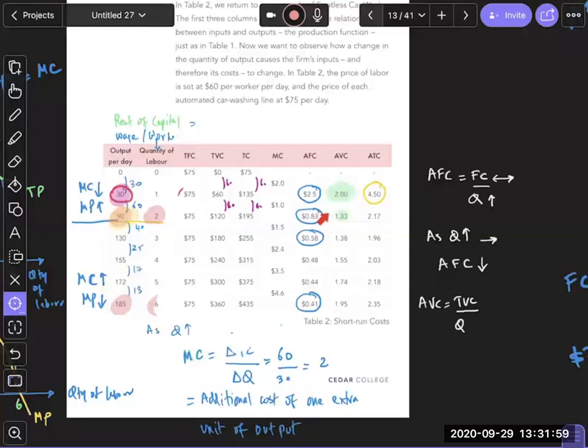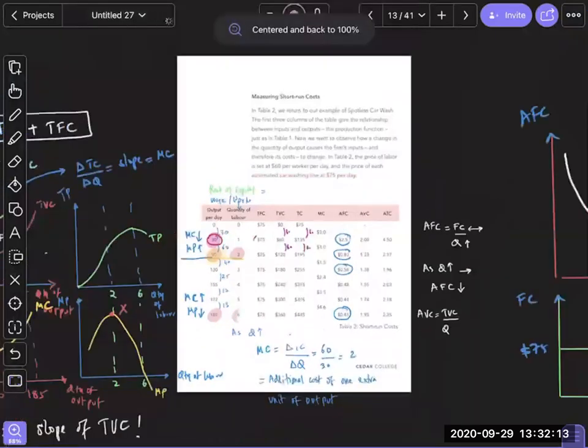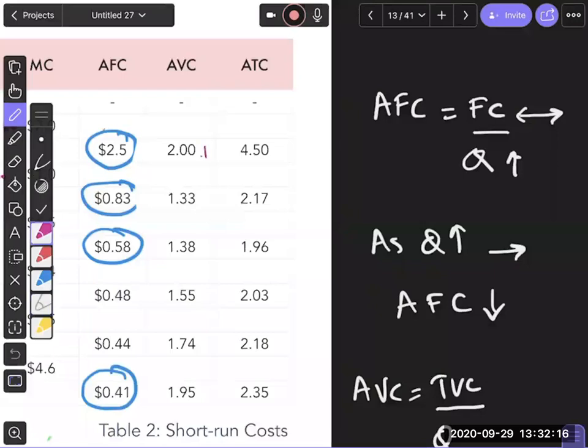So in other words, average variable cost, I want you guys to focus here. Can you all pay attention, guys? If you look at average variable cost, this is the trend. Average variable cost is going down and then starts to go up. Isn't that true?